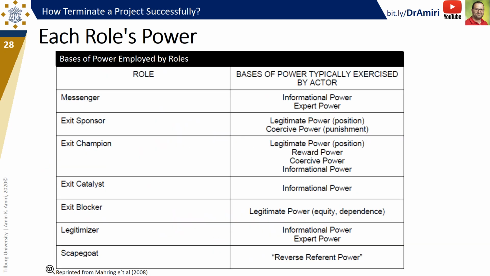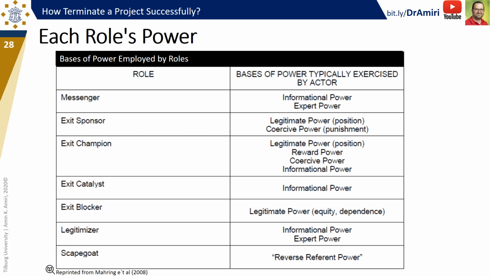Knowing the power bases, now you can figure out why these key roles can make termination happen, or have the power to block the termination of the project. Messengers have informational power and expert power. Exit sponsors have legitimate power and coercive power.